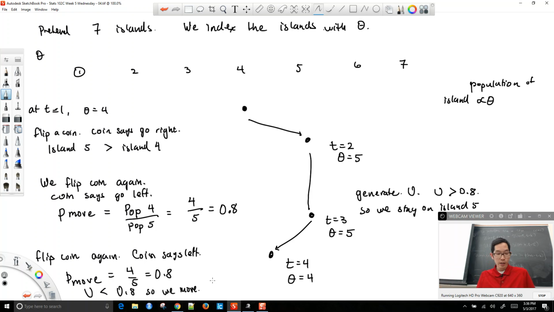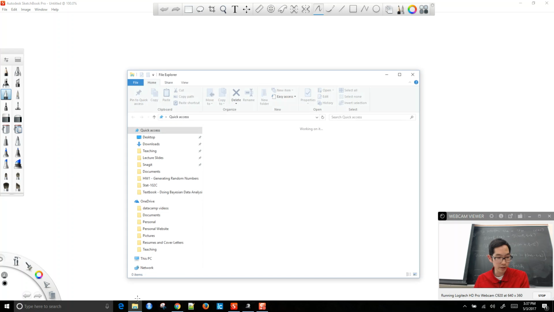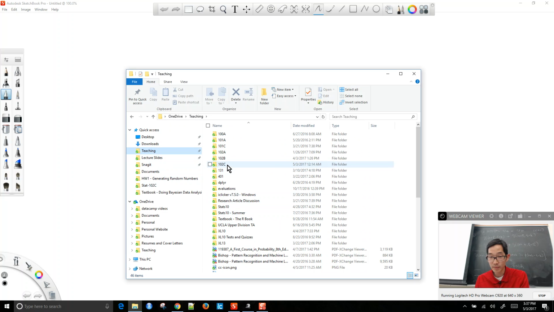Okay. Let me just show you what could happen with the random walk. Actually, the pictures here will be a better example.